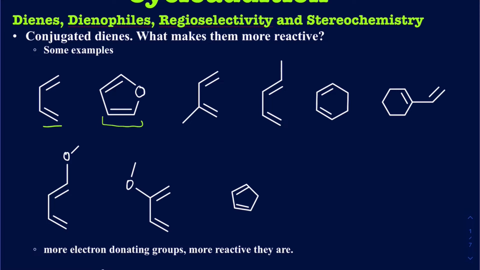Instead of an oxygen, you could have something else as well. I could have R groups or substituents on these dienes, and that will make them more reactive. So the presence of these R groups right there will make these guys more reactive. You can also use these cyclic dienes as well.